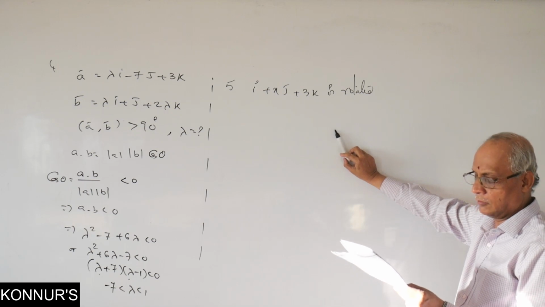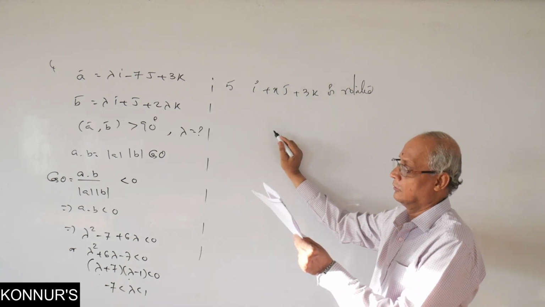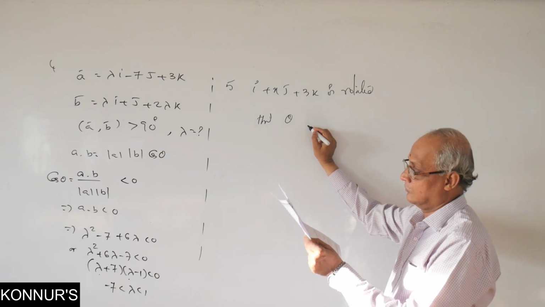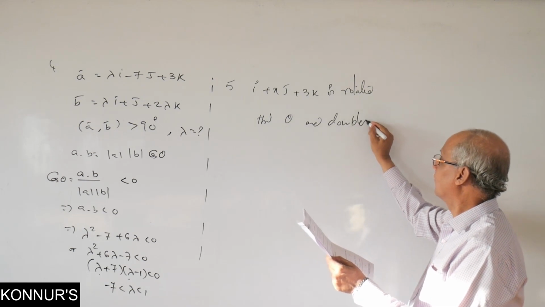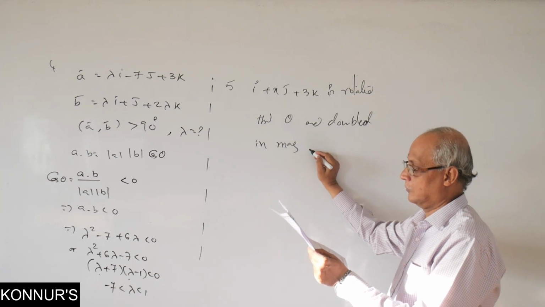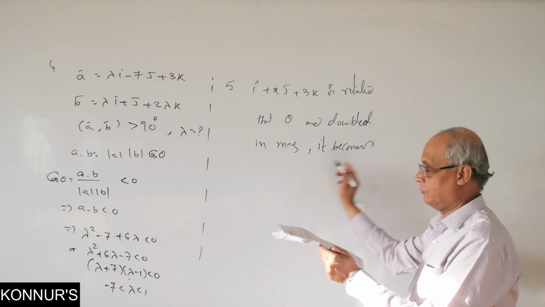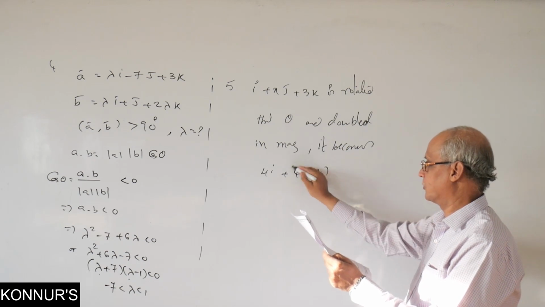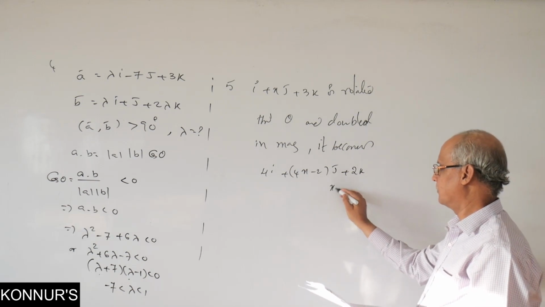In the new position, after rotation through an angle theta and doubled in its magnitude, it becomes 4i plus 4x minus 2 j 2k. Find the values of x.